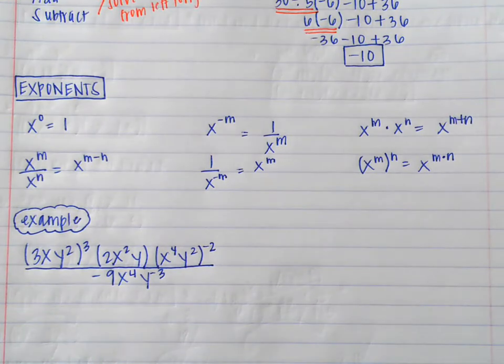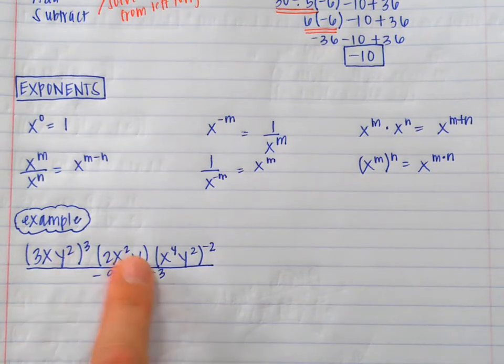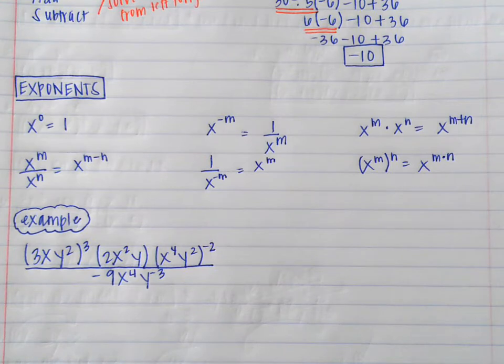Okay, so I gave you a doozy, but honestly, I know this one looks hard. It's not. I just want you guys to take it part by part by part. So the first thing I would always do is make all my negative exponents positive. If there were negative exponents within these, I wouldn't want you to make those positive first.